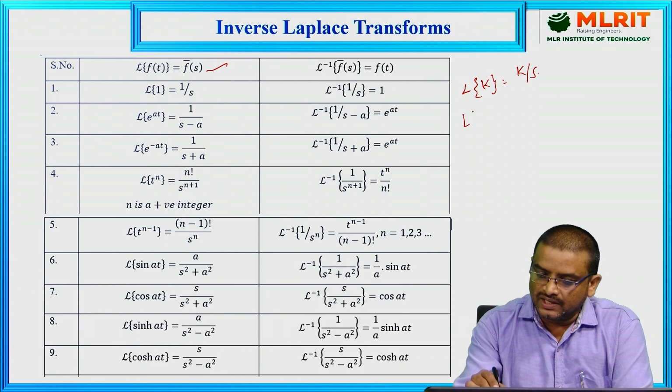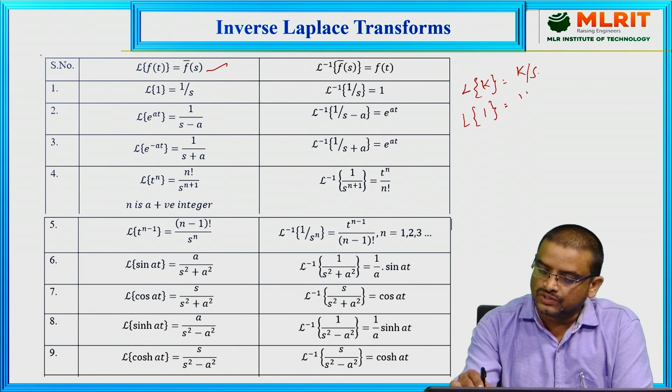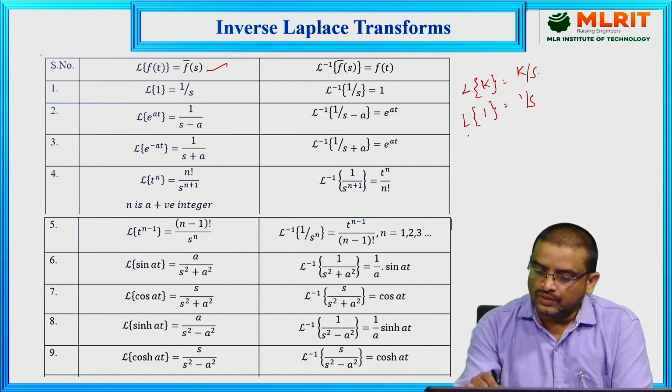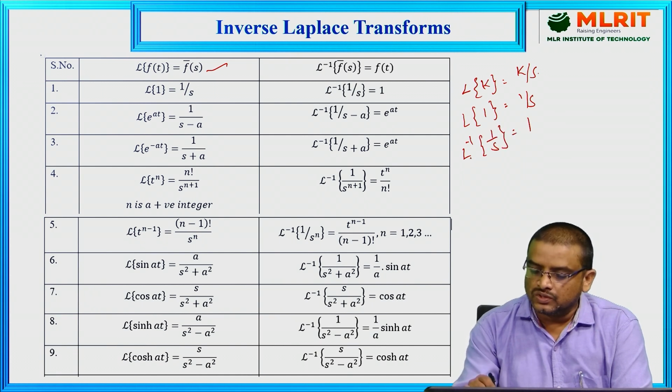If you replace k with 1, we know that the Laplace transform of 1 is equal to 1 by s. Now you send this L to the other side, so it becomes L inverse of 1 by s is equal to 1.